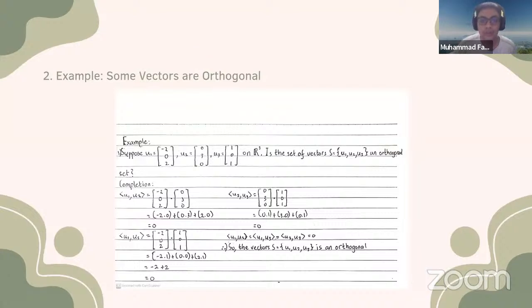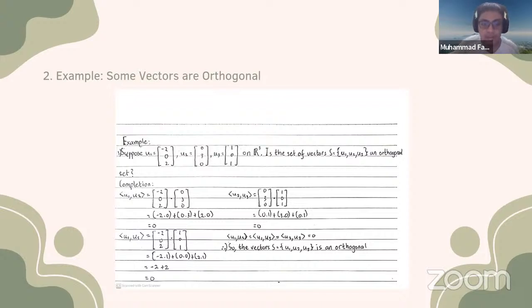The next one is the example. We have two questions. The first one is: suppose u1 equals (-2, 0, 2), u2 equals (0, 3, 0), and u3 equals (1, 0, 1) in R^3.